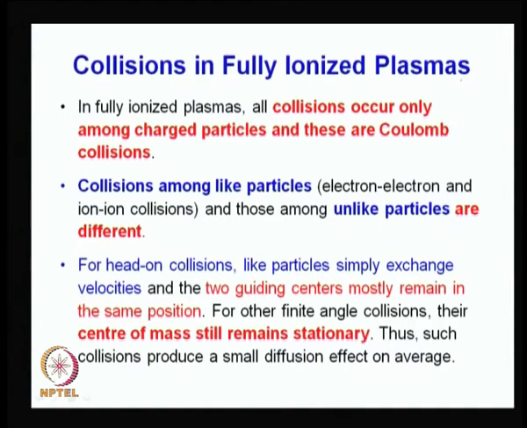Now, if we look at the collisions between charged particles, there is a difference between collisions between like particles and collisions between unlike particles. For example, if it is an electron-electron collision or an ion-ion collision, the masses are about the same.